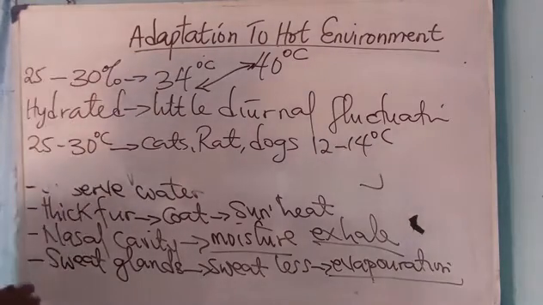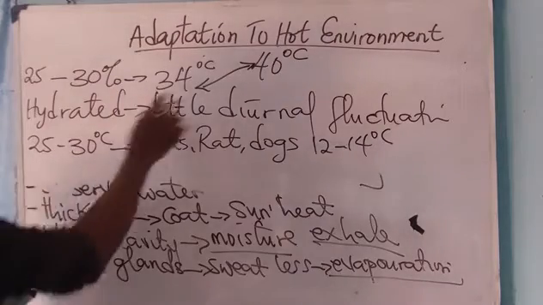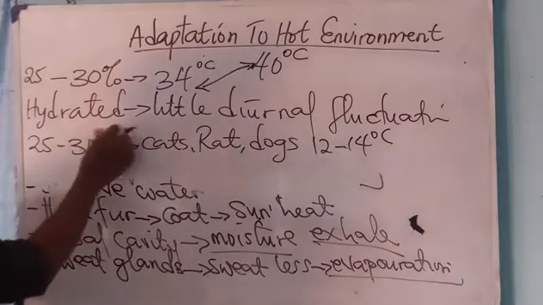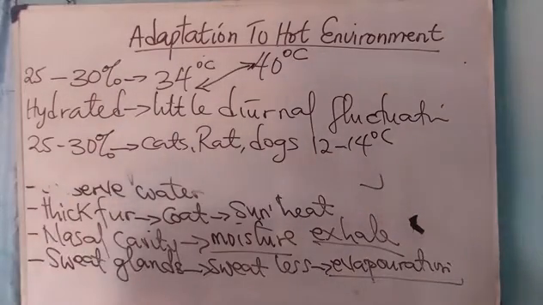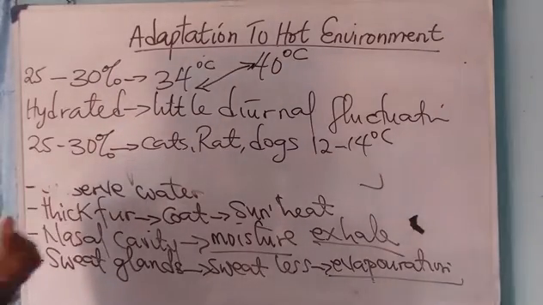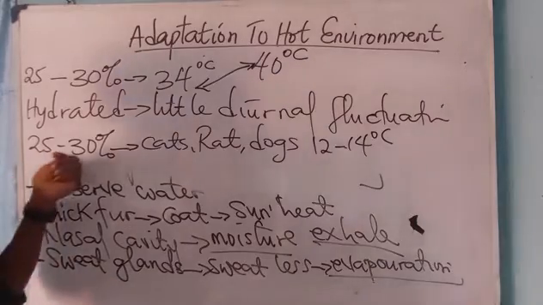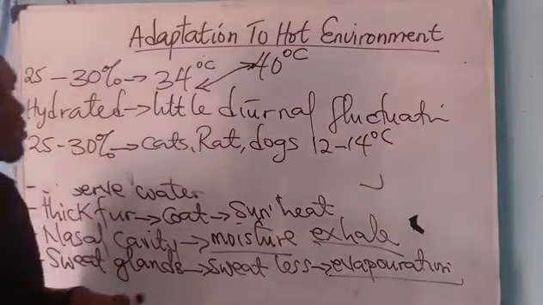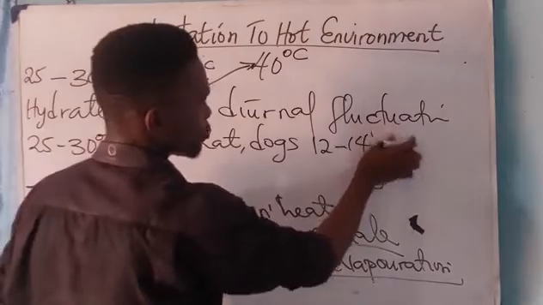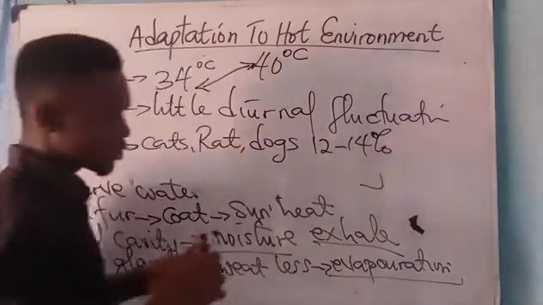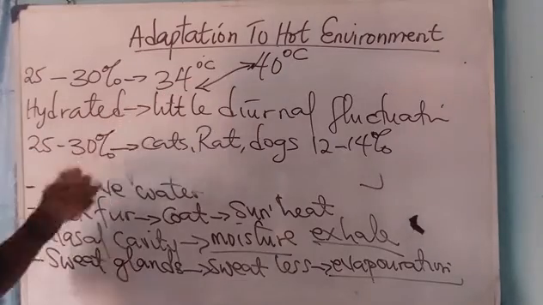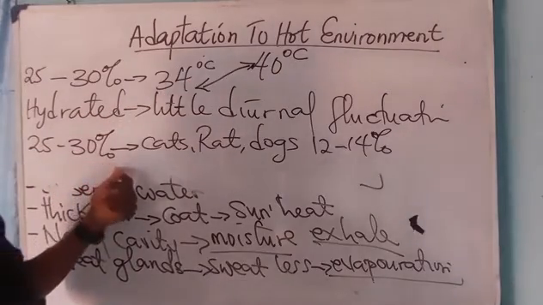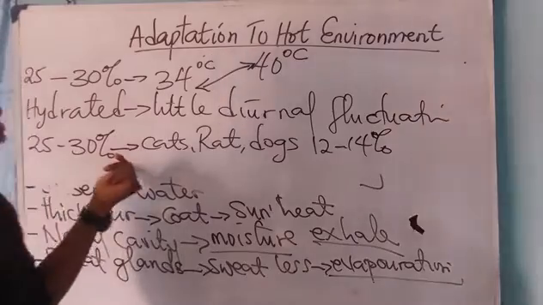So the amount of water that leaves their body is between 25 and what? 30. But that of dog is between 12 and what? 14. Since we are talking of volume of water now, I shouldn't be using temperature. Percent should be the correct unit that should be used here.